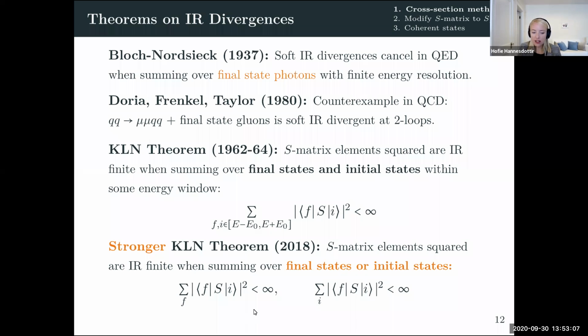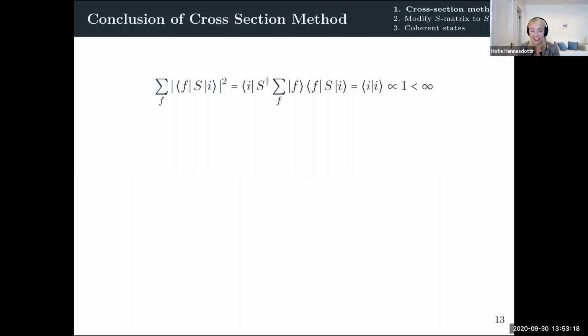If you stare at this equation for a little bit and listen to the logic I'm telling you, maybe you realize that what I'm telling you is actually entirely trivial. The reason is that if I expand this out, I get a sum over a complete set of final states, which just collapses to 1. And the S-matrix is unitary, so S dagger S is also just 1.